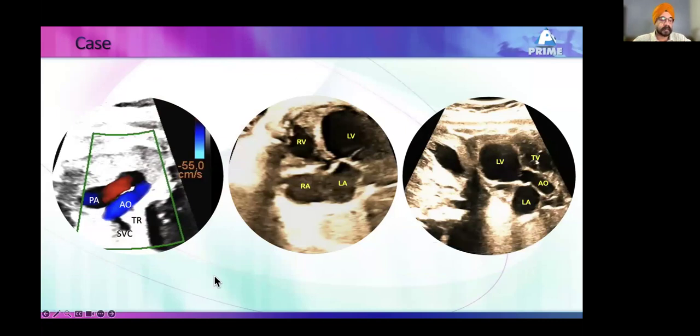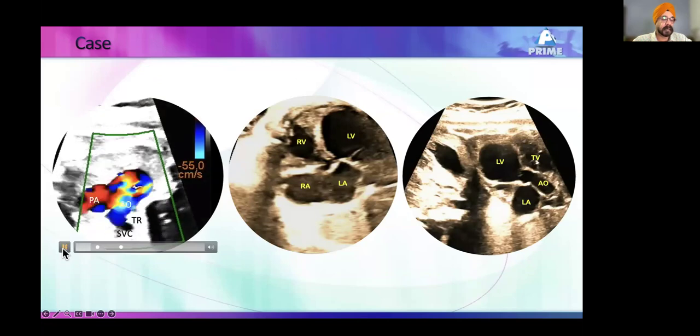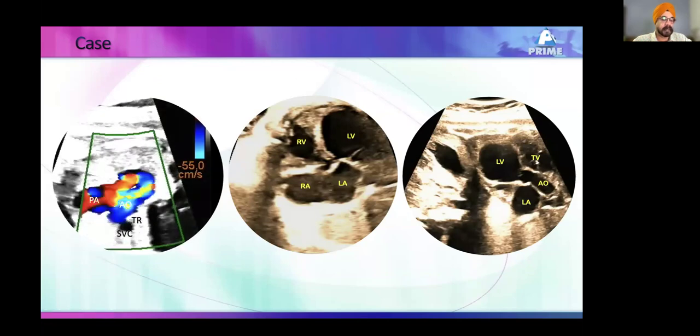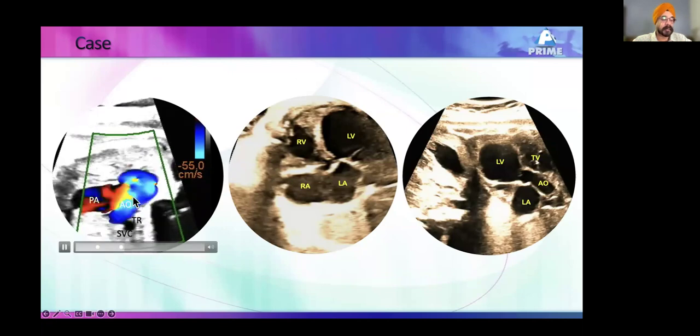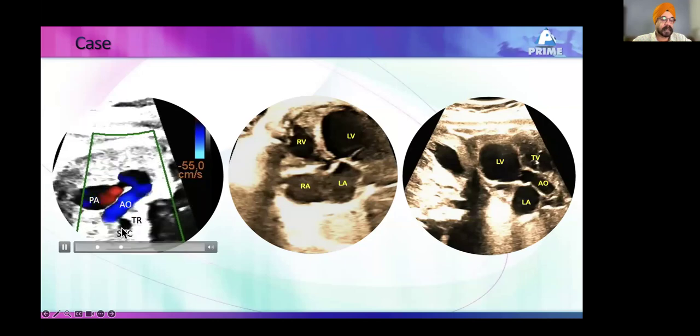Showing you a very, very interesting case on a fetal echo. And I understand that you don't do fetal echo regularly. Let me show you here. The three vessel trachea view is a very common view that we fetal cardiologists use. That's the pulmonary artery, this is the aorta, this is the ductus, and this is the superior vena cava.